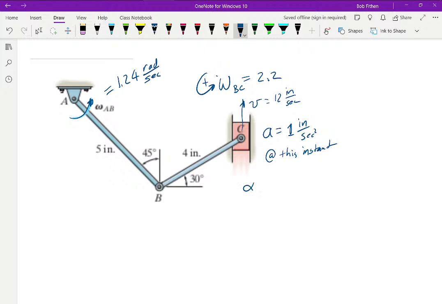So what is alpha BC? What is alpha AB? So how do we do this? We sort of mimic what we did on the board last time.